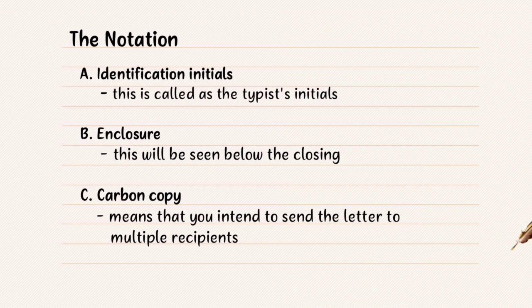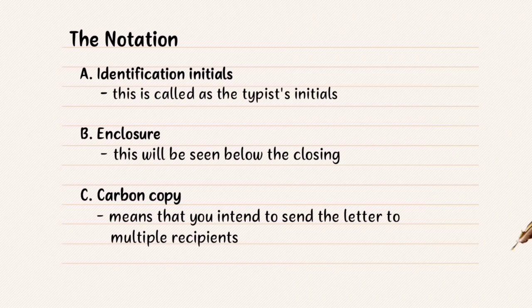Identification initials are also called the typist initials. Some companies require this so that they will know who actually typed the letter versus who composed it, in order to determine who is responsible for the typos, misspellings, and other mistakes.